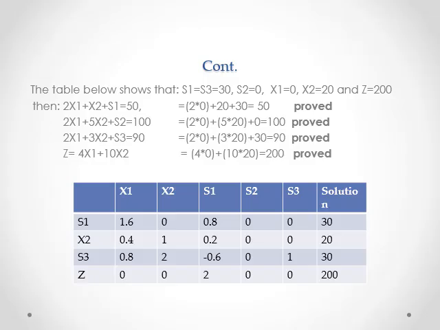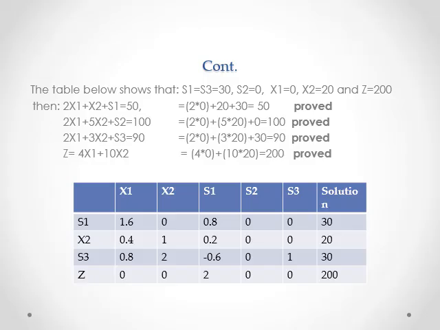There are no negative values in the Z row, where S1 is 30, X2 is 20, S3 is 30, Z is 200. There is no X1, that means X1 equals 0. There is no S2, that means S2 equals 0.